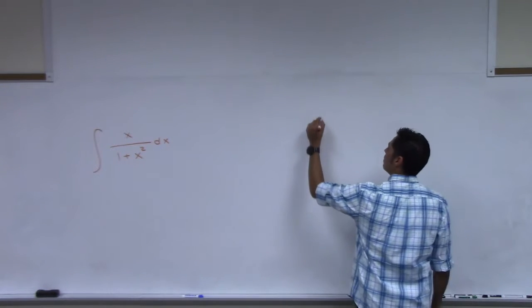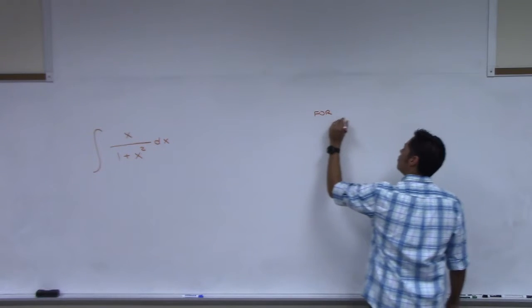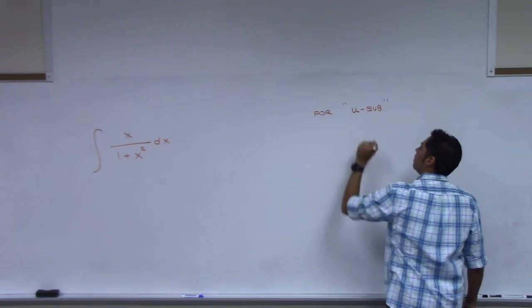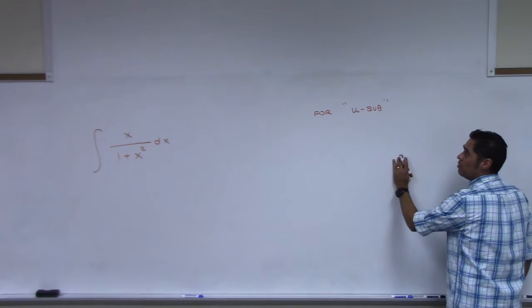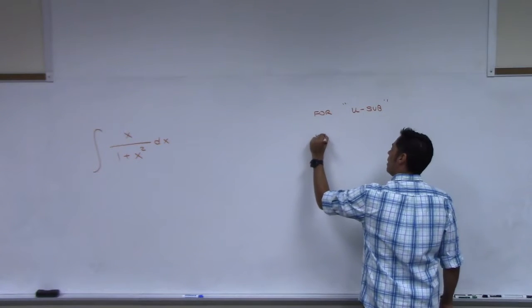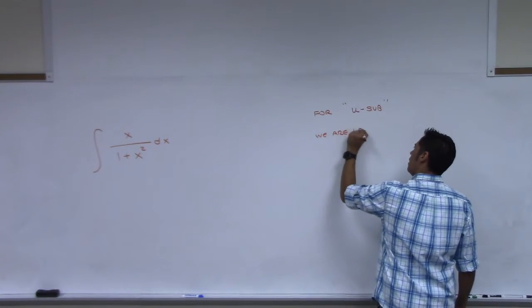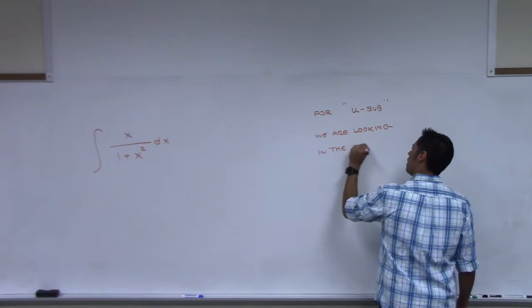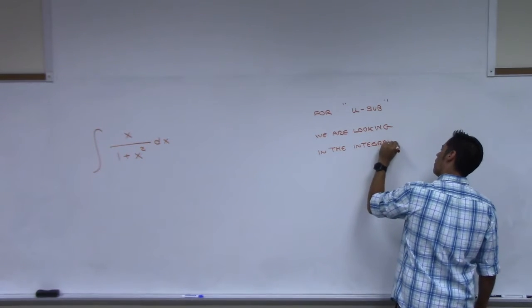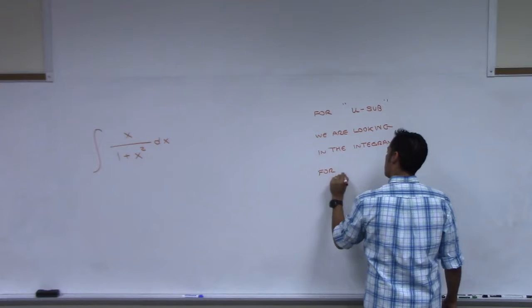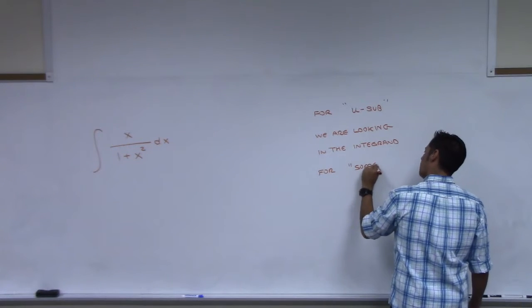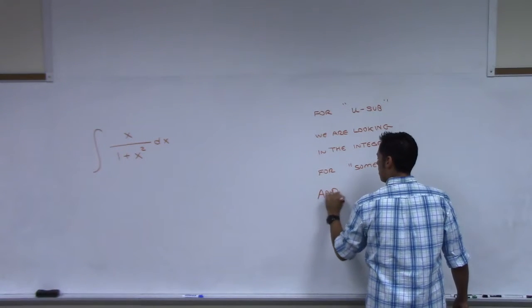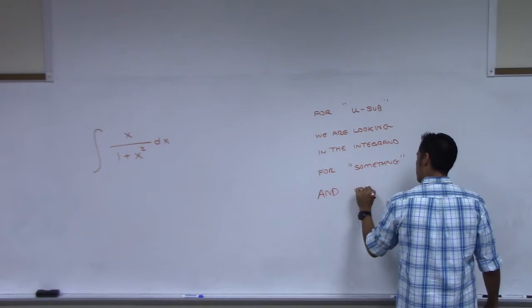For substitution, which we're going to be calling U sub, for U sub, we are looking in the integrand for something and its derivative.